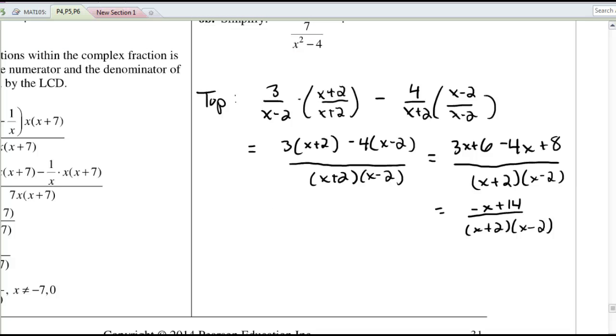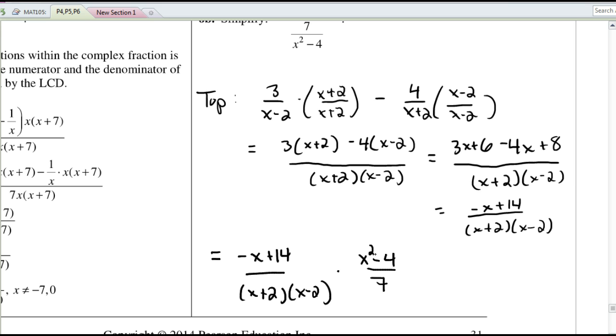So the top we have negative x plus 14 over x plus 2 times x minus 2. And then it's divided by 7 over x squared minus 4, so it's really multiplied by x squared minus 4 over 7 when we turn it into multiplication.